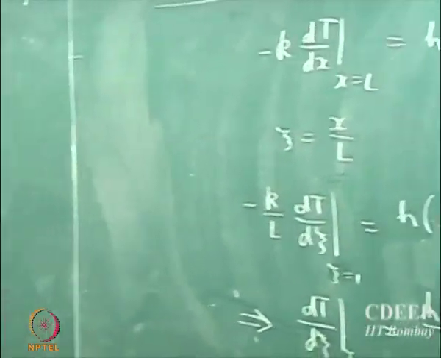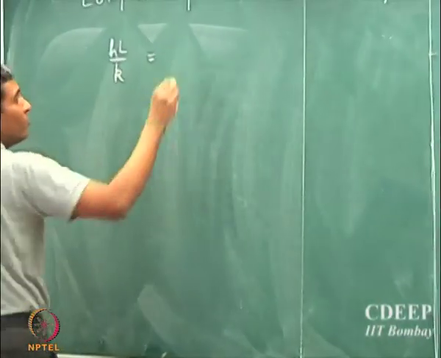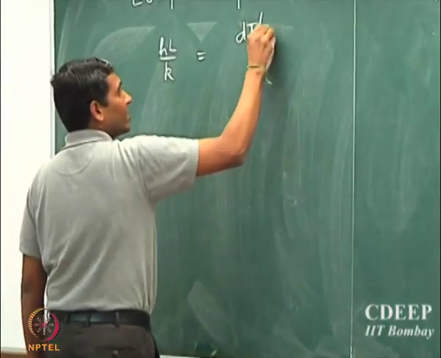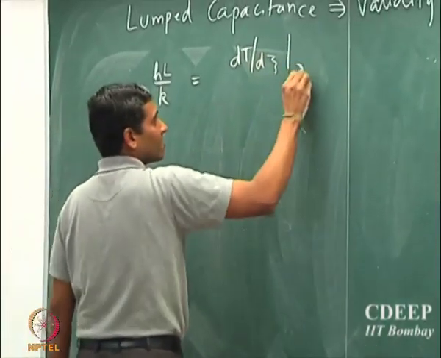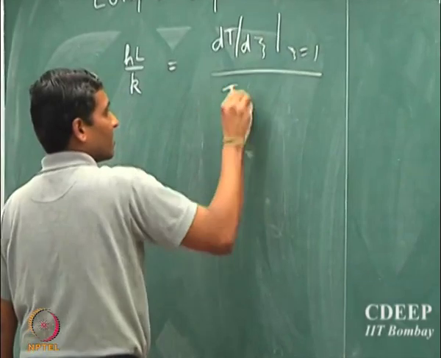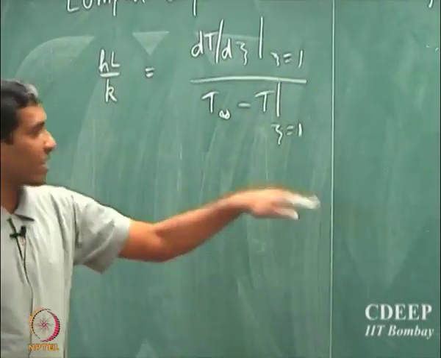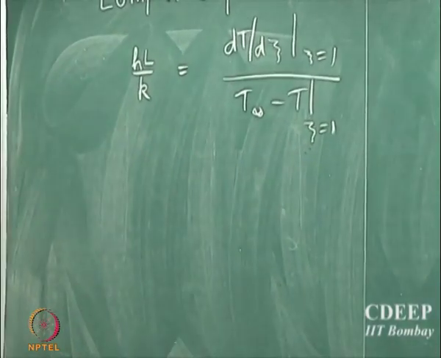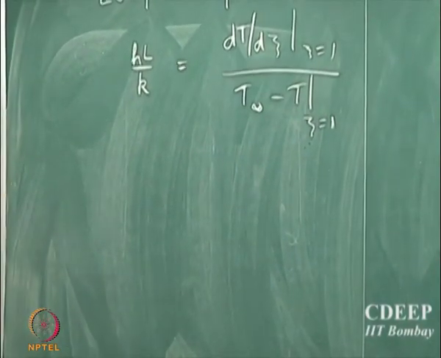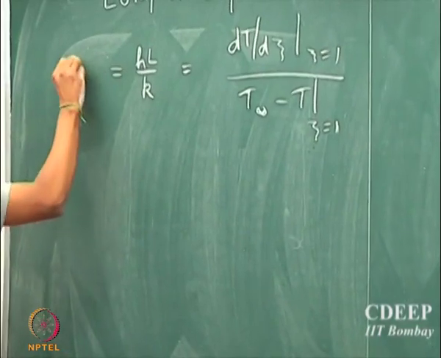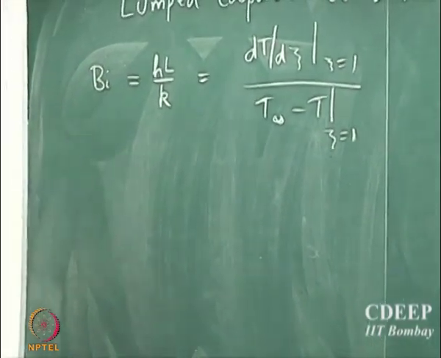So now hL by k equals dT by dz divided by, T2 is nothing but temperature at z equal to 1. Okay. So this quantity is what is called the Biot number. Okay.